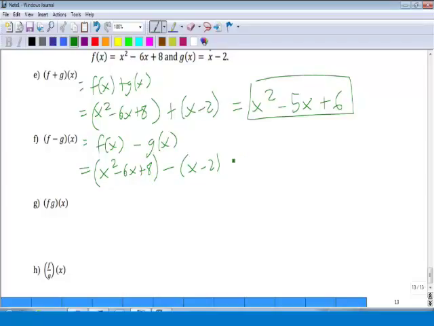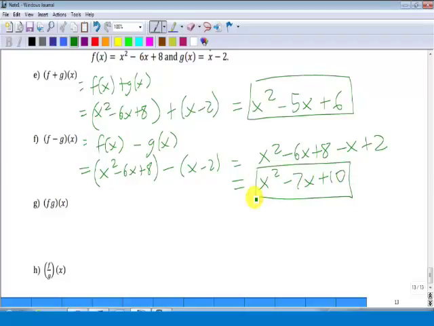So distribute the negative sign across the parentheses. So we get x squared minus 6x plus 8 minus x plus 2, and combine like terms. X squared minus 7x plus 10. That can be factored, but I would caution you against it. It's just not necessary, so I'm thinking leave it like that.